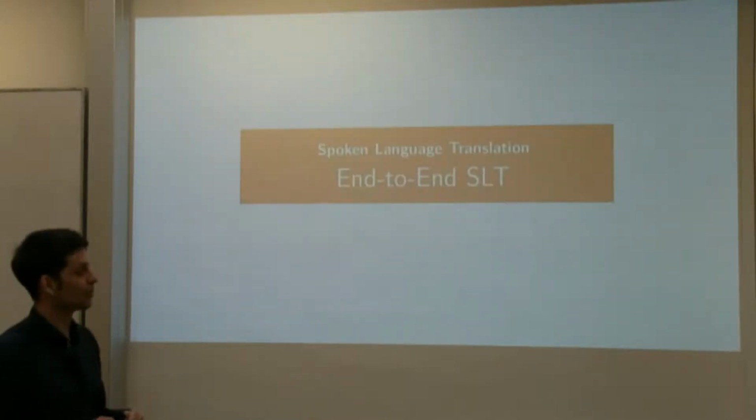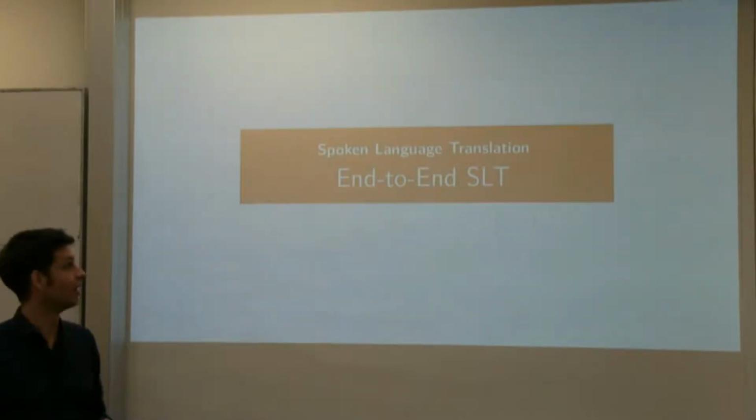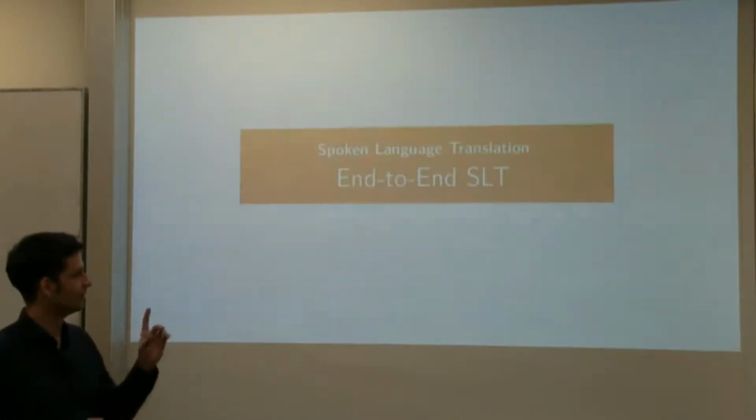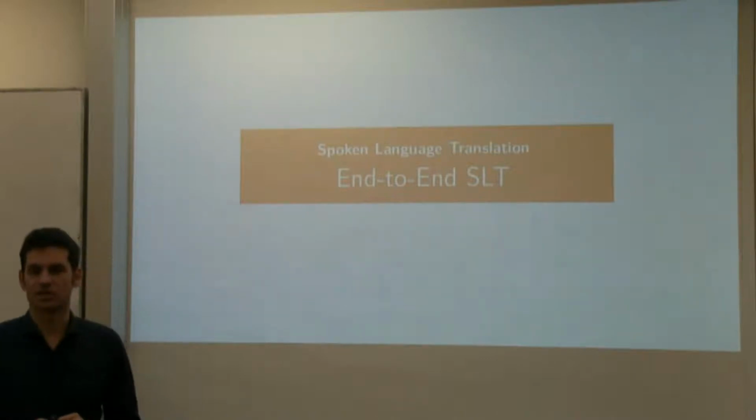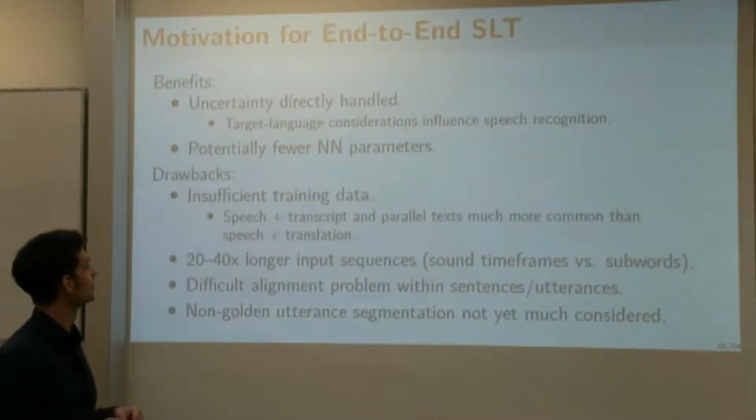So let's move to the end-to-end spoken language translation, which should not have these problems. But remember, these systems are trained and tested on corpora which are utterance segmented by themselves.